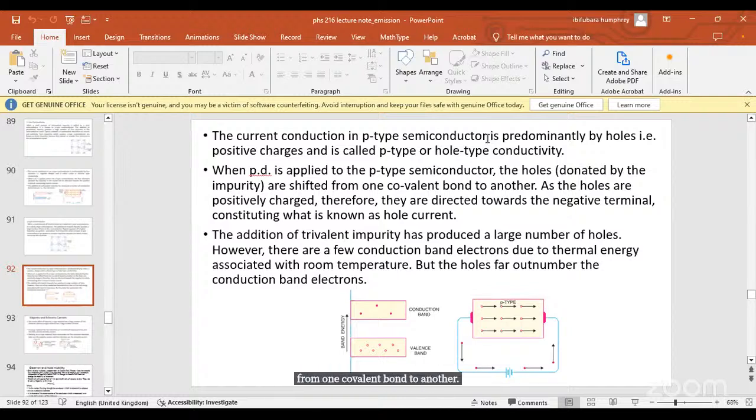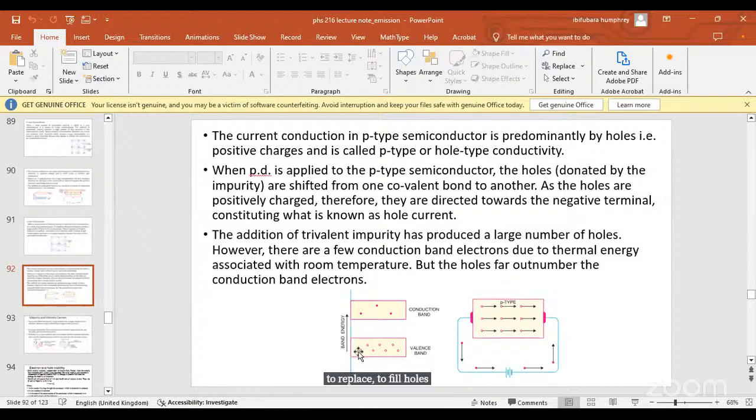Take note of that word, shifted. Shifted is different from moving. In reality, holes do not move. Only electrons move. The electron moves to fill holes.